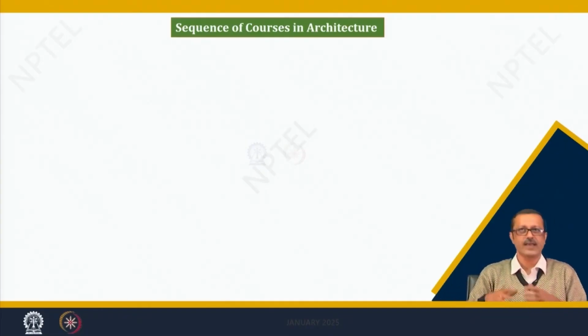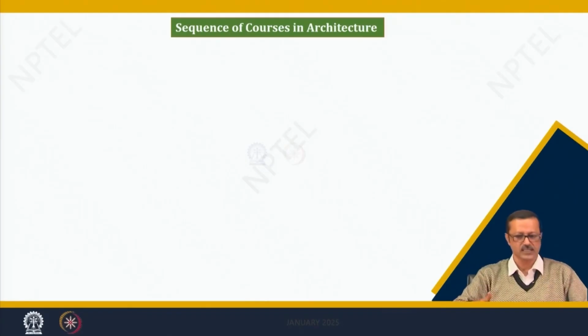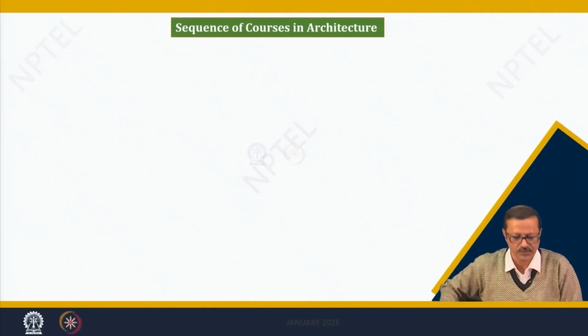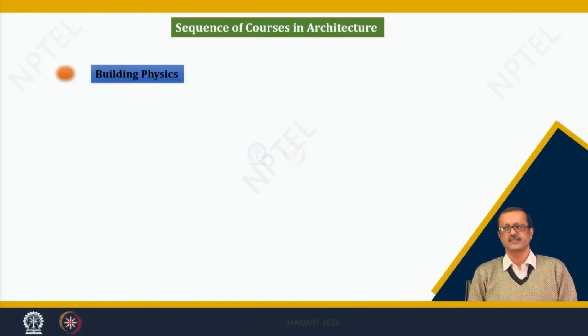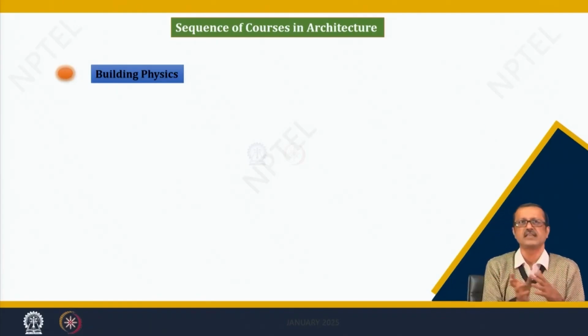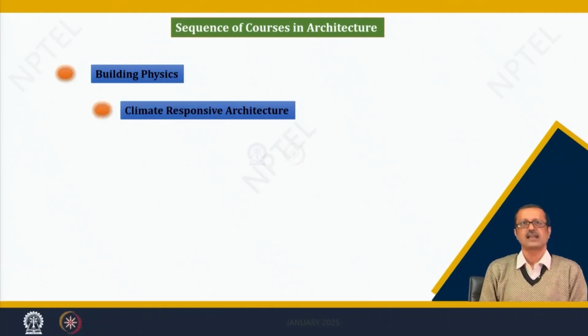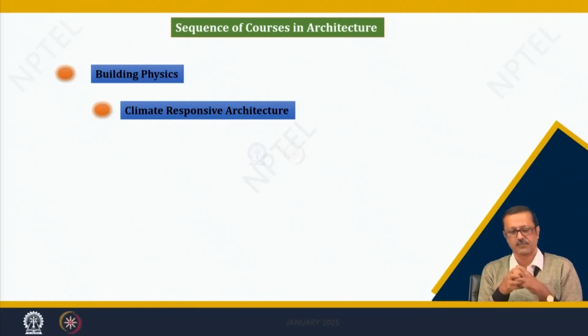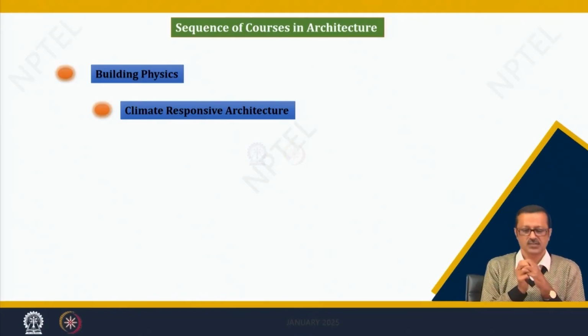First of all, when I was a student like you, I was taught building physics, which was a chapter or small concept in climatology. The second one is climate responsive architecture, or climatology we may say. Building physics is embedded into the climatology course.